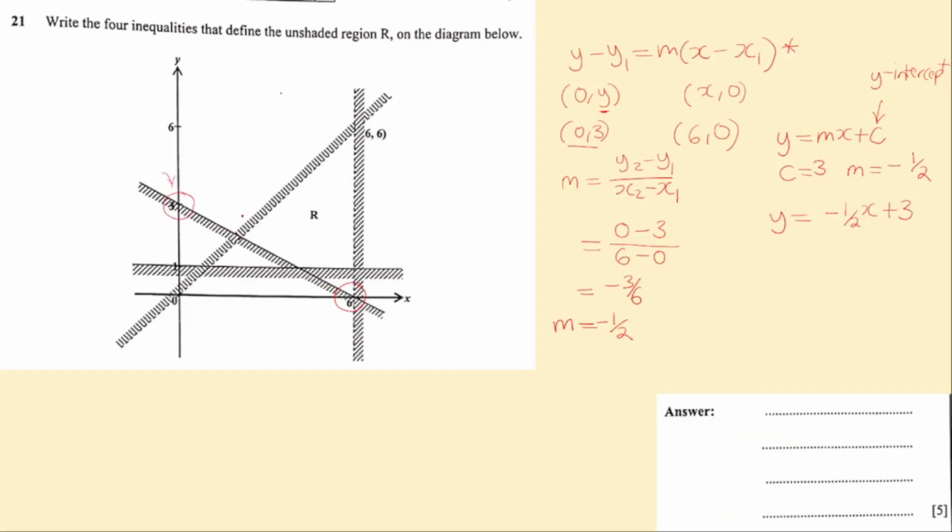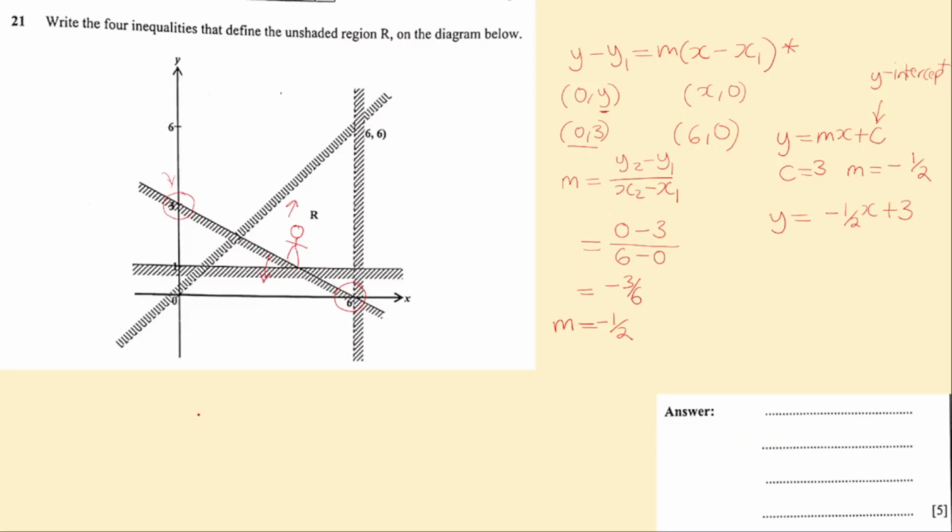Now I'm going to use the same concept that I used before. This is my human being moving up this slope. Heaven is above that human being and earth is below the human being. Now, which place is the unshaded region? It is above the line.